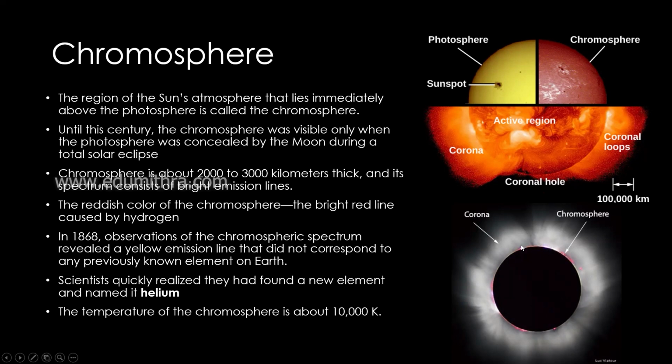Near the limb, or the edge, of that black circle, which is actually the moon, you can see a red color. That thin surface layer of the sun with the red color is called the chromosphere, and because of that red color it is called the chromosphere.